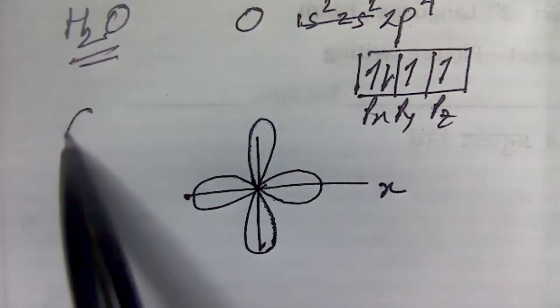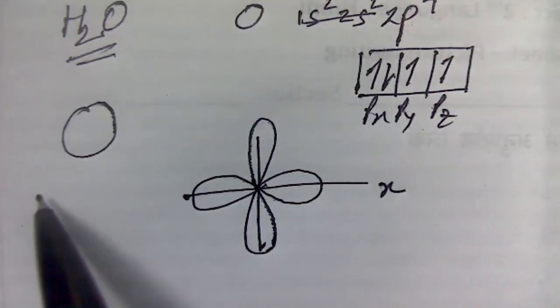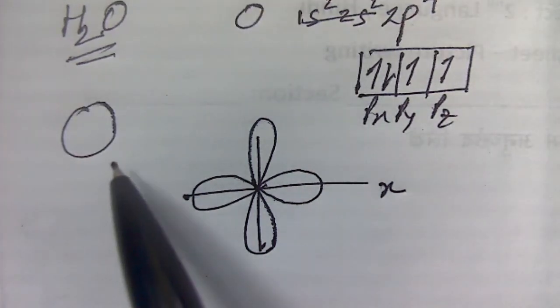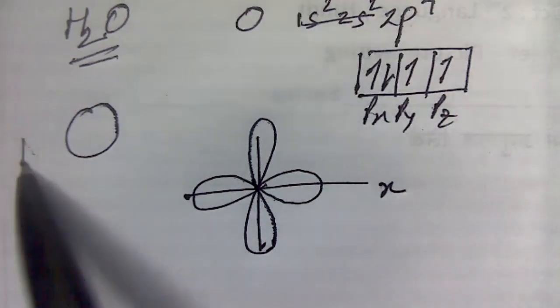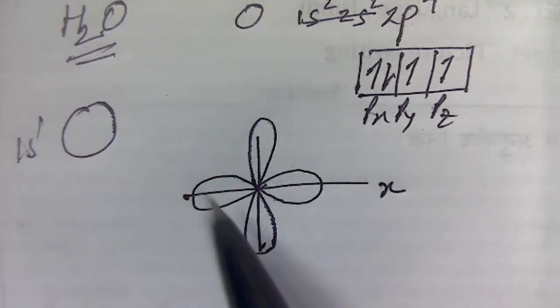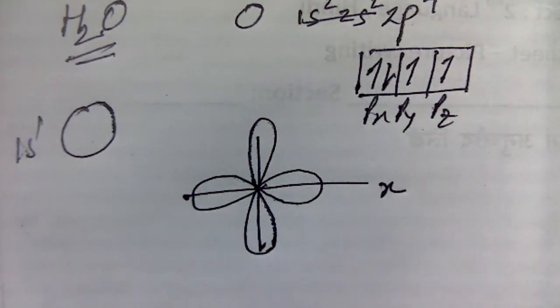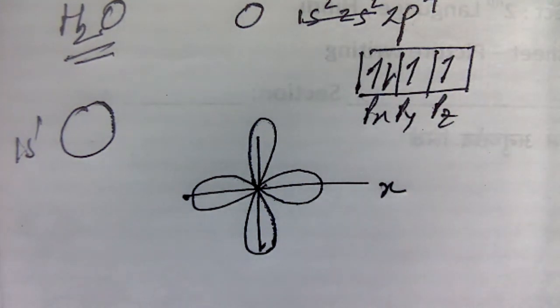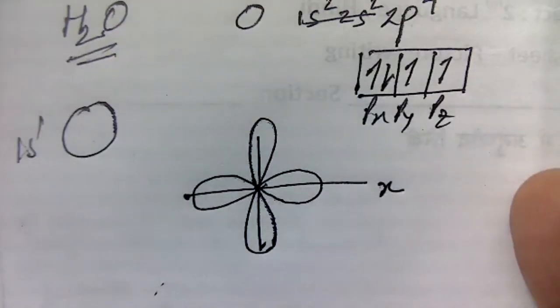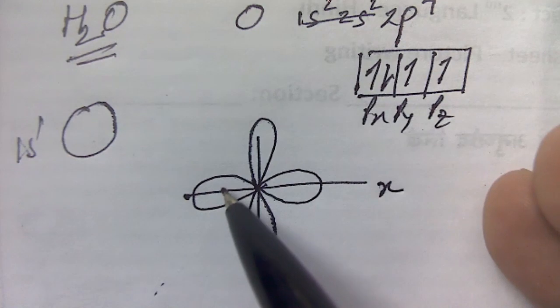Hydrogen is simply a spherical one. So one hydrogen is 1s1. So this can easily combine with one of the p's, isn't it? When it combines with one of the p, it can overlap with one.